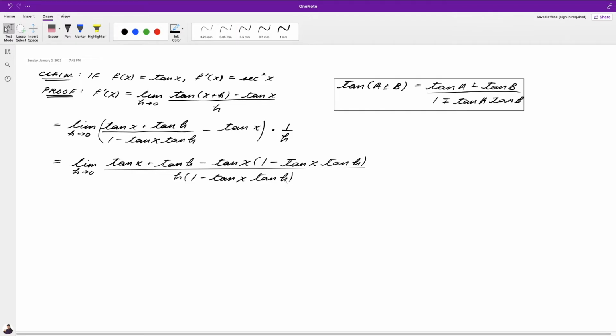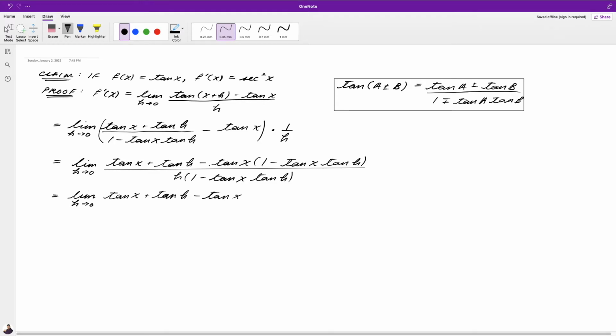Okay, well, let's take a close look at what we have and make sure that we've committed no careless errors. Looking good. Yeah, I don't see any careless errors there. Let's now use the distributive property here. This is going to give us the limit as h trends to 0. And we got up here tan x plus tan h, minus tan x. Ooh, that's convenient.